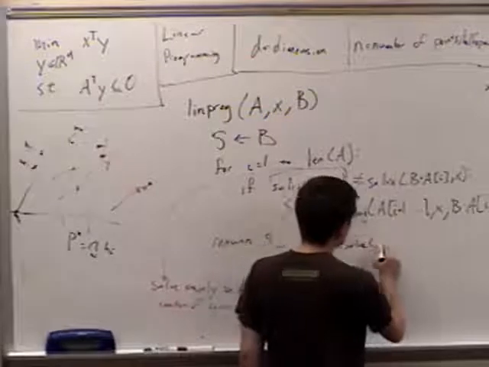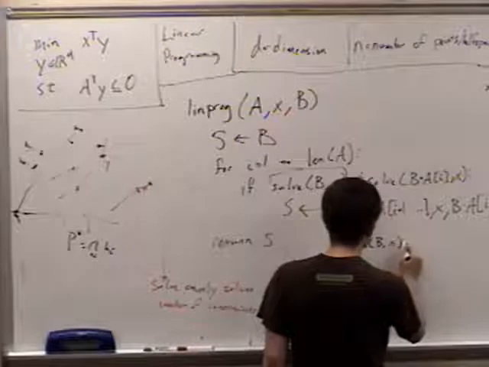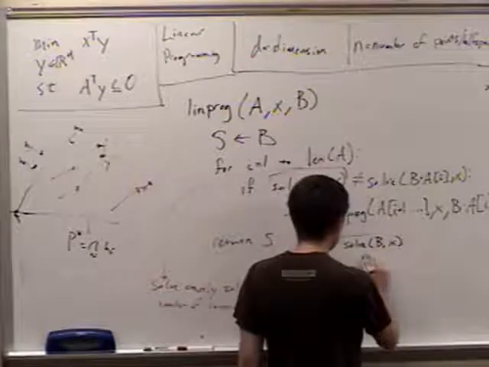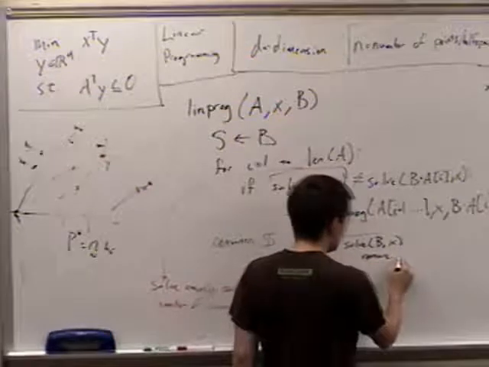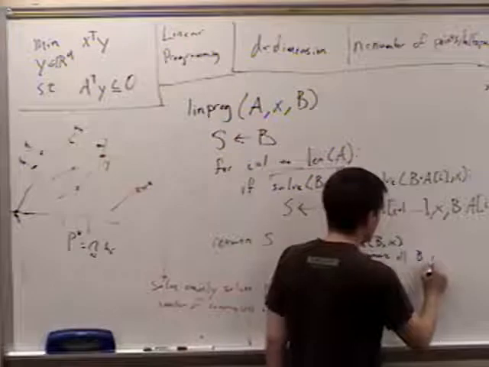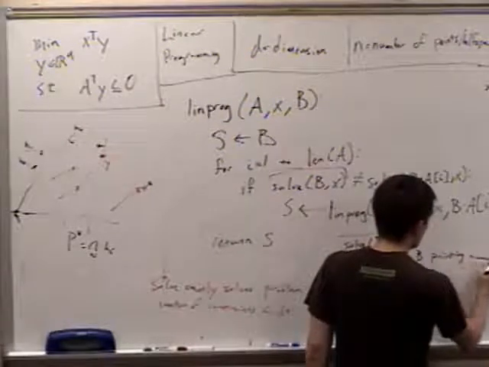We'll say solve with some set b and x. First, remove all b pointing away from x.